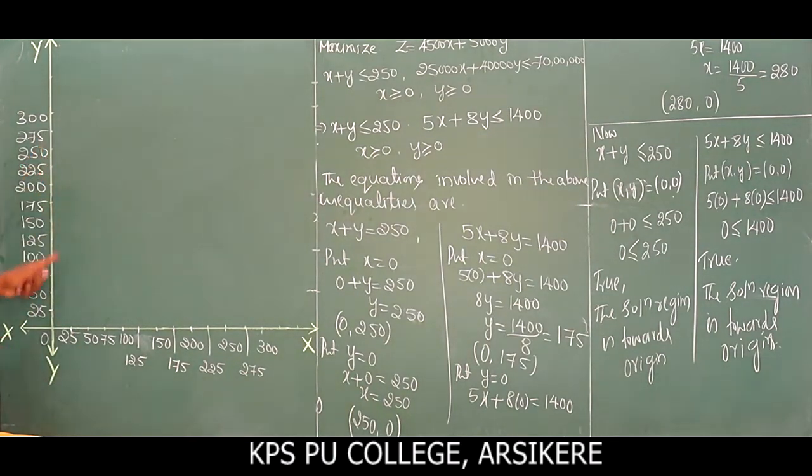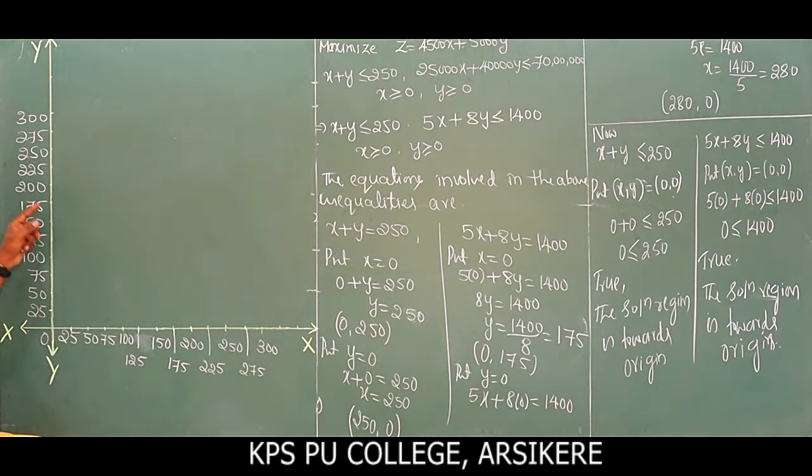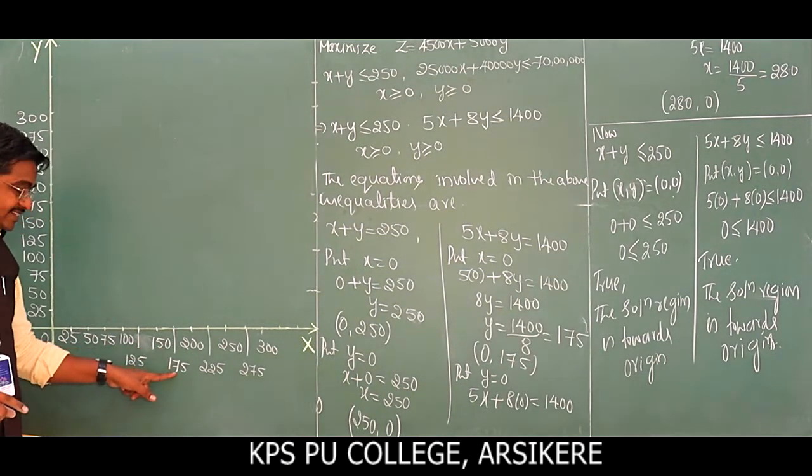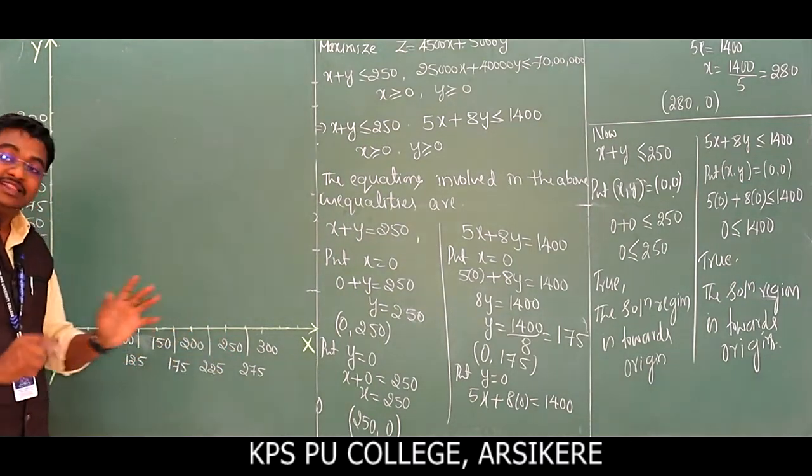Similarly, along the y-axis, 1 centimeter is equal to 25 units. Notice 25, 50, 75, 100, 125, 150, 175, 200, 225, 250, 275, 300.